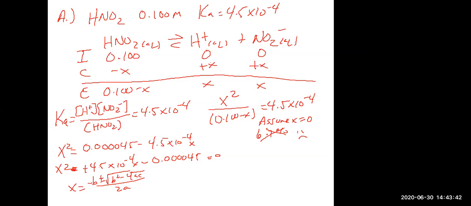Obviously, we put all of our values in, and I'll just give you some of the numbers here. That will get you minus 4.5 times 10 to the minus 4 plus or minus the square root of, if you put all the numbers in, something like 0.0001802.